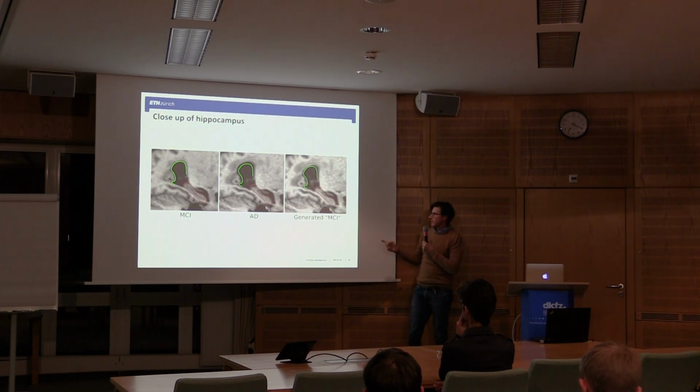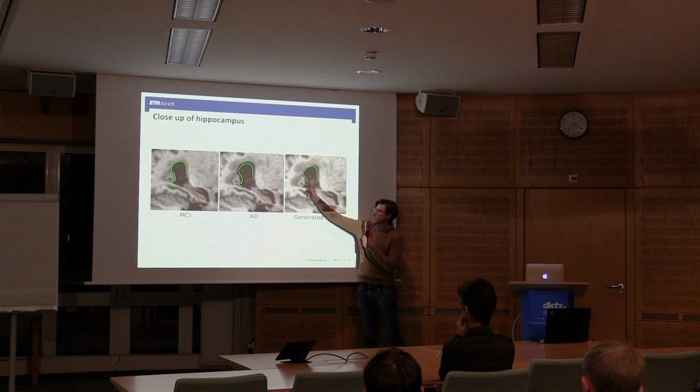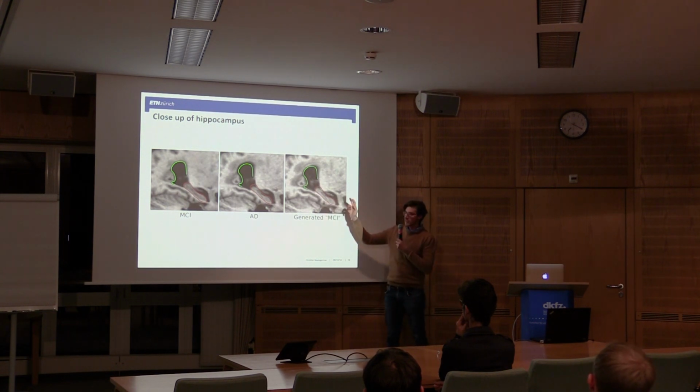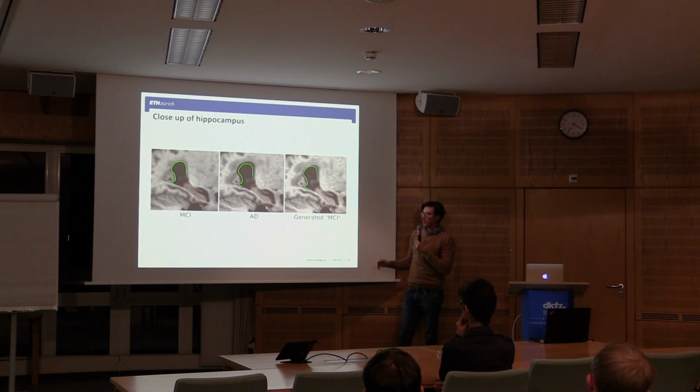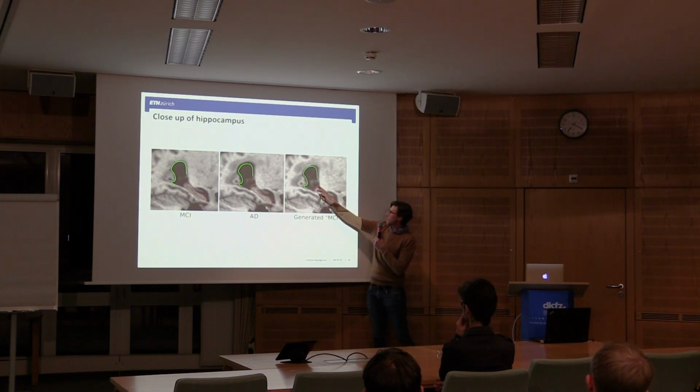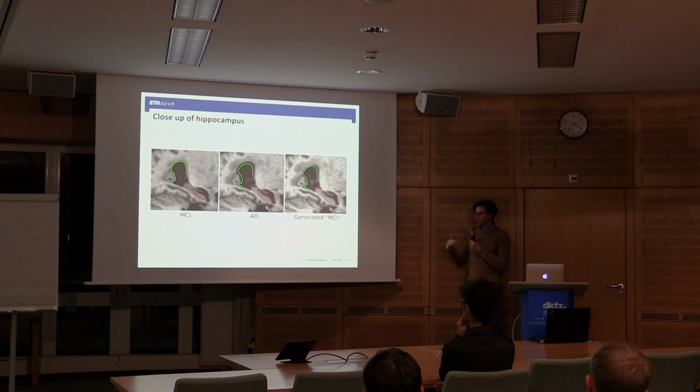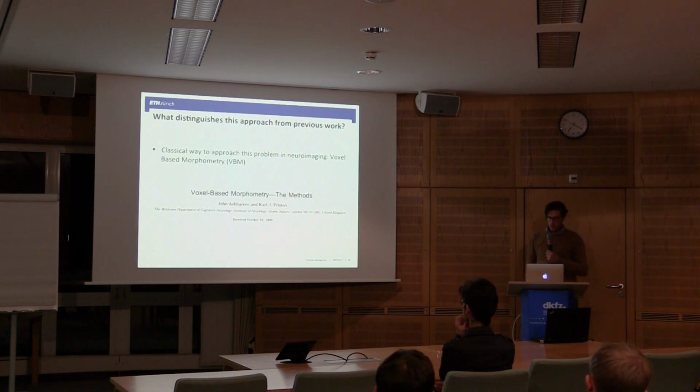And this is then the fake MCI image which we generated. And you can see that it manages to reverse the atrophy around the ventricles. I should say the contours are the same in all 3 plots. Those are just for reference. And also, if you look around here, it manages to grow the hippocampus a little bit. And also the generated images look very realistic.